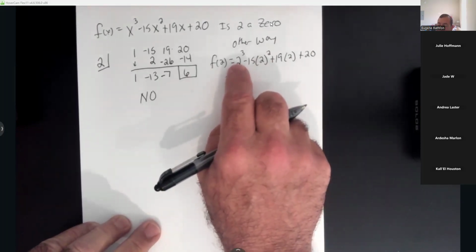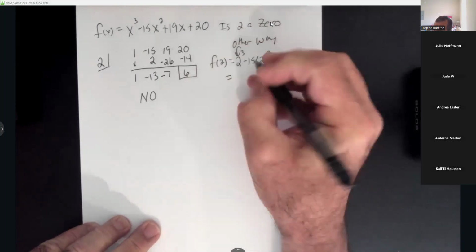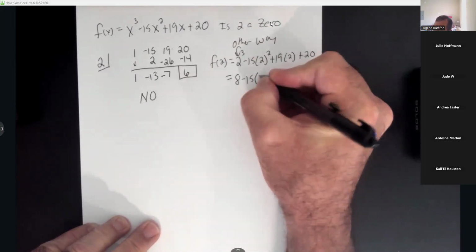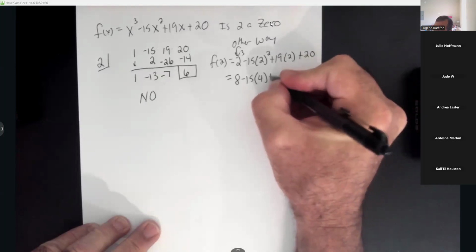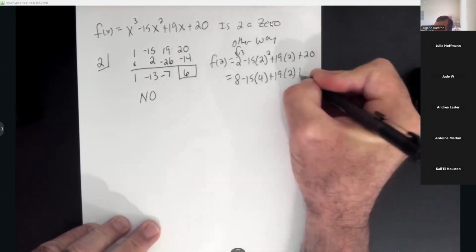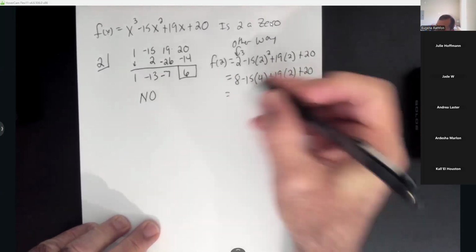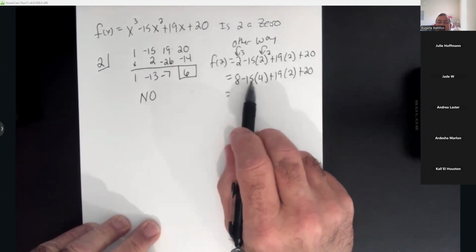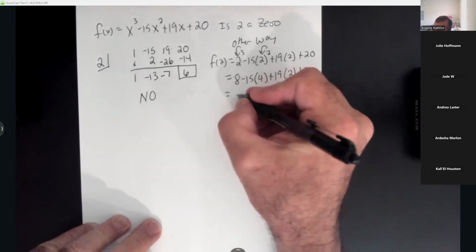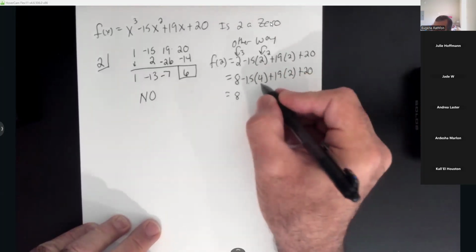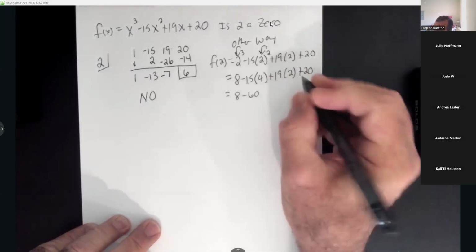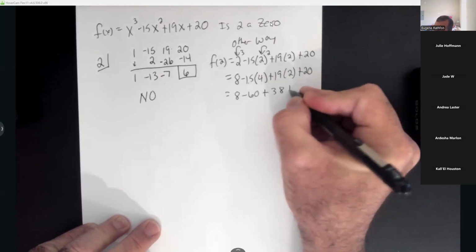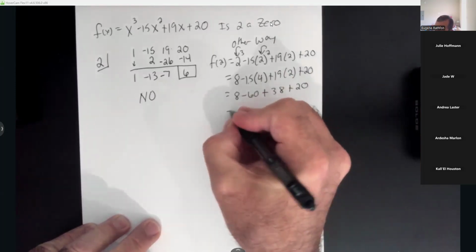So y'all, let's start with the exponents. 2 cubed is 8 minus 15 times 2 squared, which is 4, plus 19 times 2 plus 20. So all I did on that step was the 2 exponents. Now I'm going to multiply. So I got 8, negative 15 times 4 is negative 60, plus 19 times 2 is 38, plus 20.